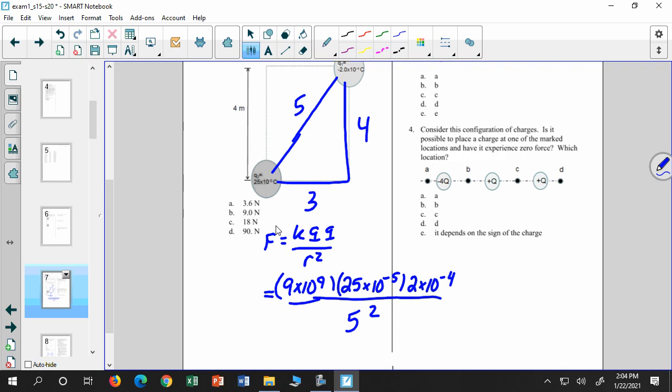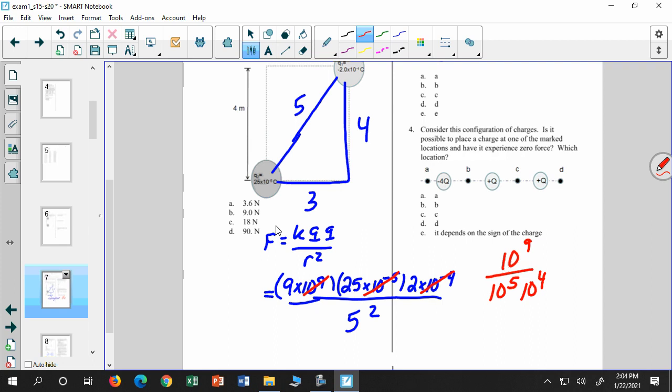Remember, I said I try to make the numbers easy. See how the numbers here are pretty easy to work with? Because I have a 10 to the 9th here, and that cancels out with the 10 to the negative 5 and the 10 to the negative 4. Y'all see how that works? It's like 10 to the 9th divided by 10 to the 5th, 10 to the 4th. And 10 to the 5th times 10 to the 4th is the same as 10 to the 9th.